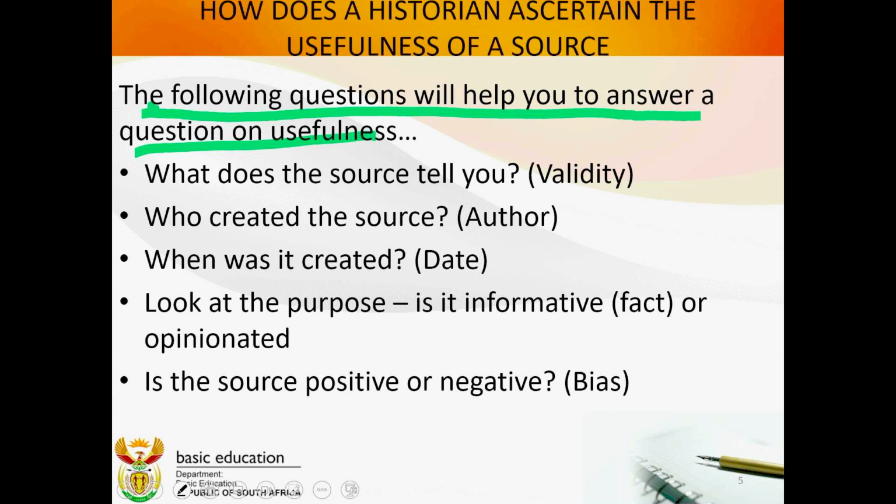So if the learner was paying attention on the previous slides when we talked about reliability, he will find that even in usefulness, the same answers apply.